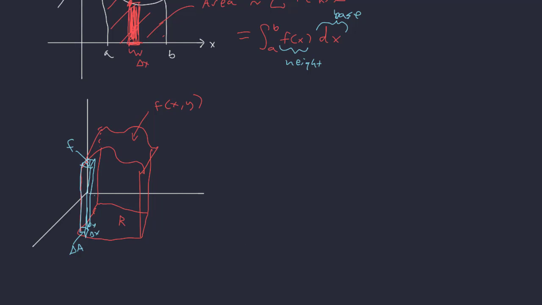So what we end up getting is that the volume, right, of this solid is approximately the sum, and it's going to be a double sum of the heights, right, times the base.